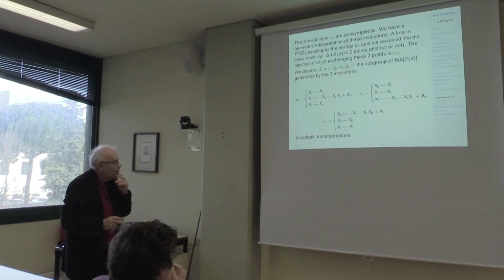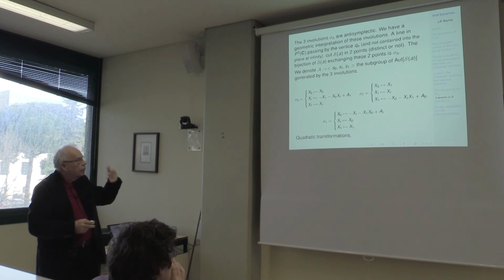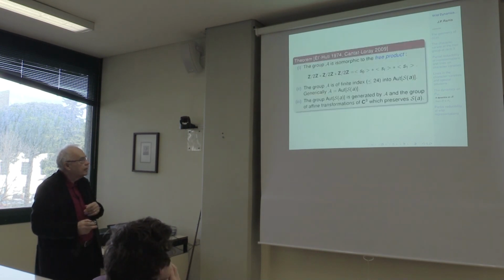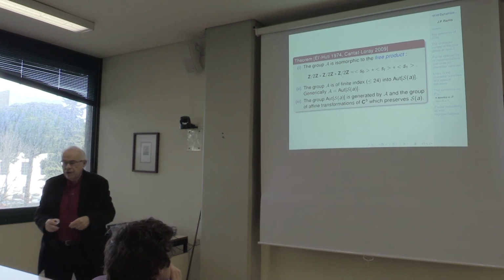Here you have the formula. They are quadratic transformations. They are antisymplectic. And you look at the subgroup generated by these three involutions. It can be proved that it is isomorphic to the free product Z2, Z2, Z2.